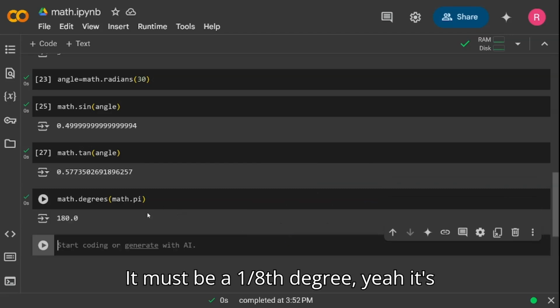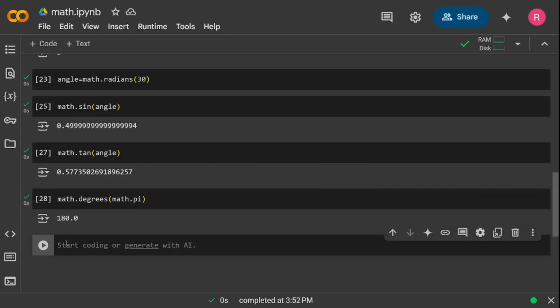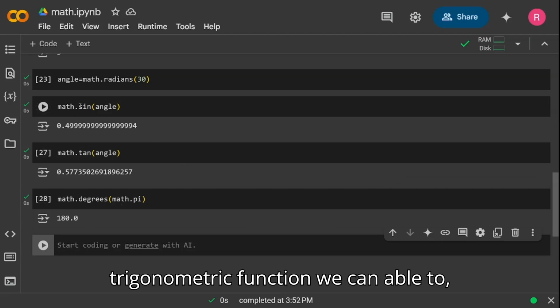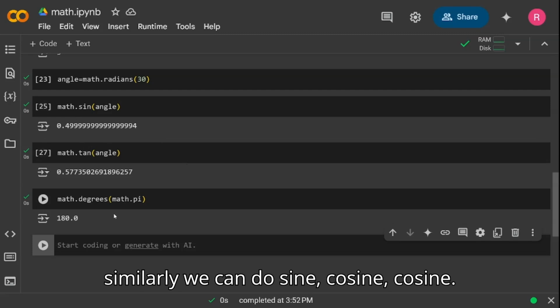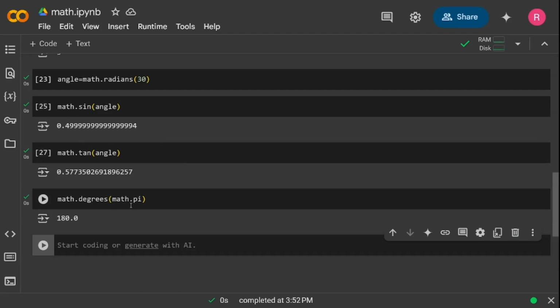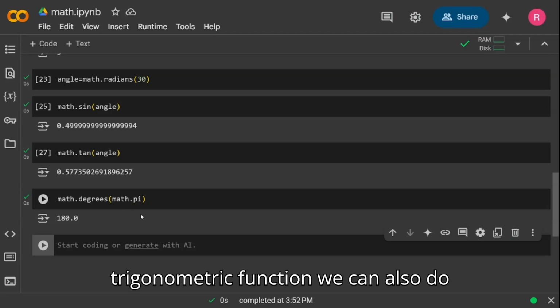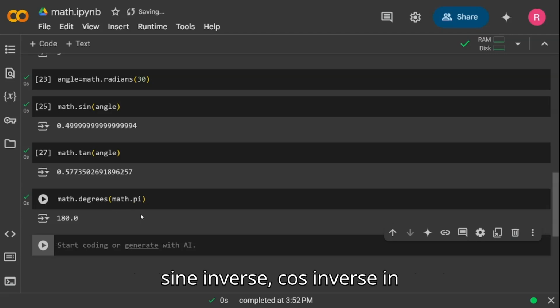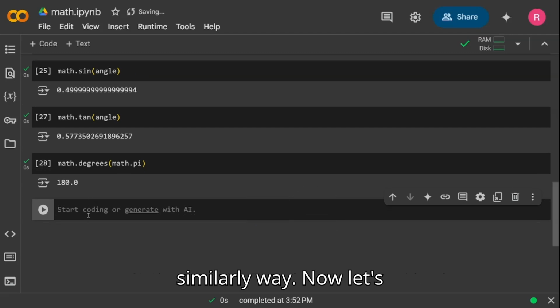It must be 180 degrees. Yeah, it's right. That's it for trigonometric functions. Similarly we can do sine, cos, tan, cosec, and we can also do inverse trigonometric functions. We can also do sine inverse and cos inverse in a similar way.